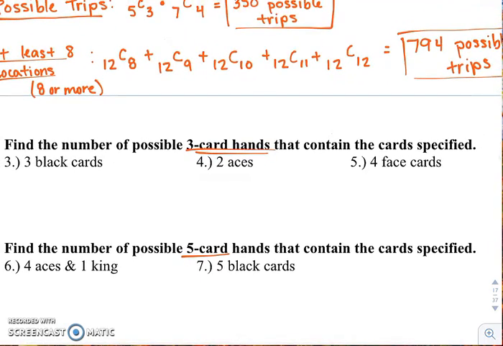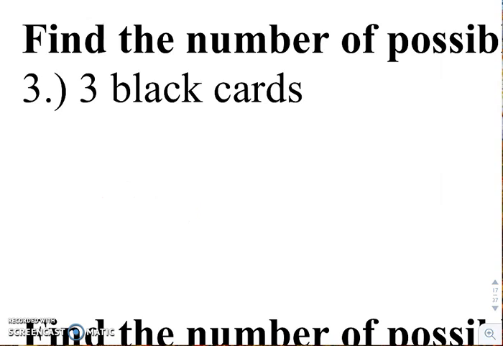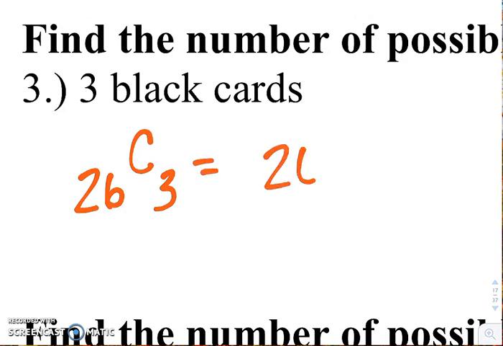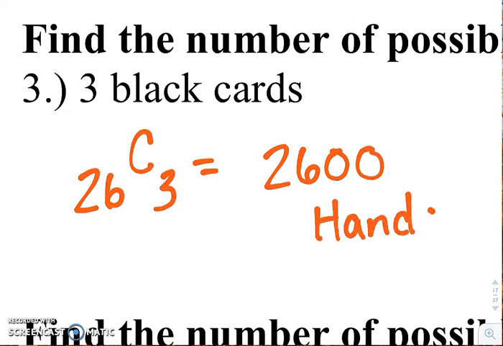The first one, number 3, says 3 black cards. Well, if we're just choosing from the black cards and we want 3 of them, we would do 26 choose 3. If you type that into your calculator, you would get 2,600 hands possible where you would just have 3 black cards.